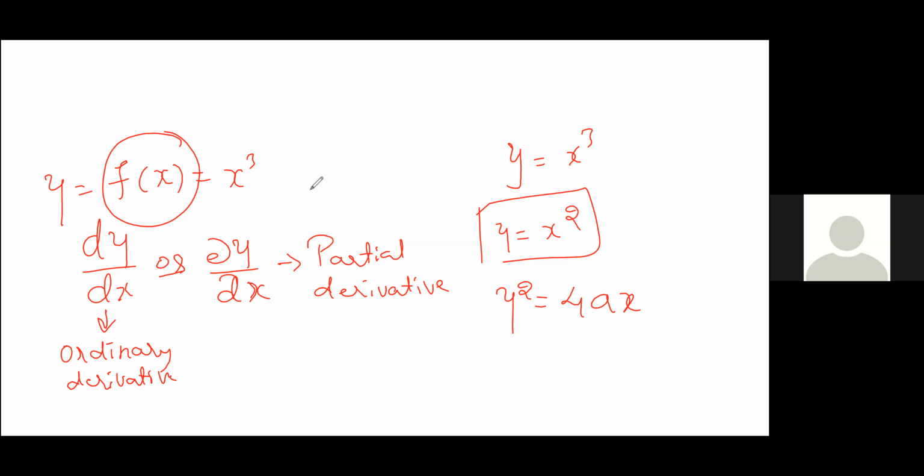What's the equation of the parabola? Anybody? Does y square equals 4x indicate a parabola or not?